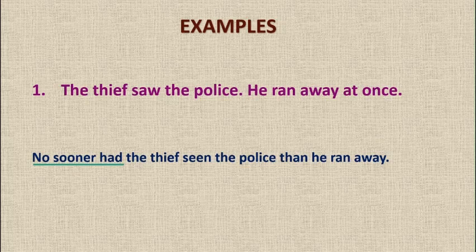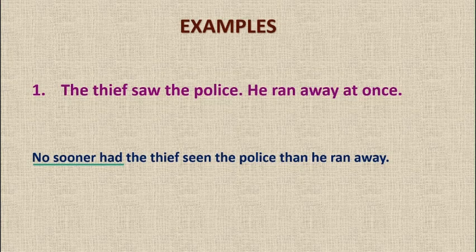Generally we use past perfect tense to express the action that occurred earlier, and we write the later action in simple past tense. So as for our structure, we write no sooner had before the earlier action. We began this sentence with no sooner had.